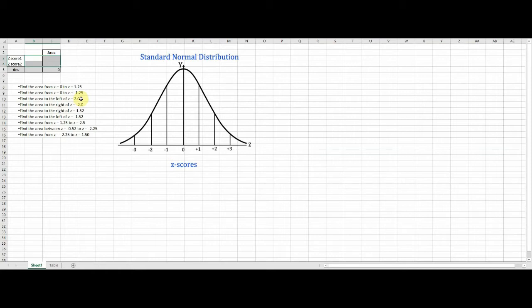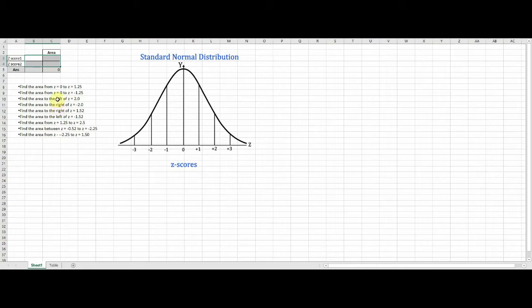Find the area to the left of z equal to 2.0. If you hear the words to the left, it is synonymous in the problem set with decrease or less than. But if it is on the right side, in the problem set, we will hear the words more than or increase.